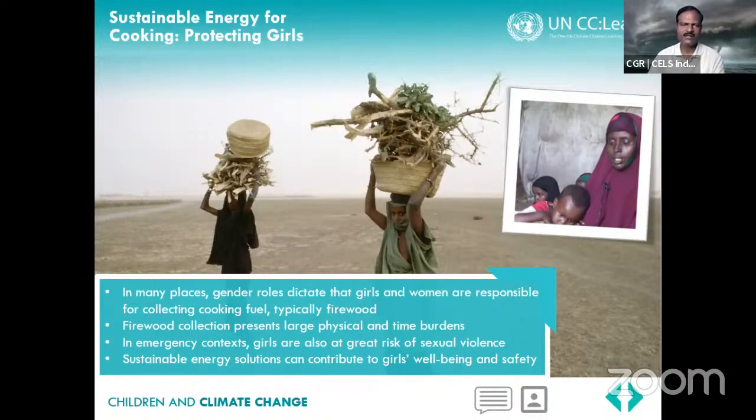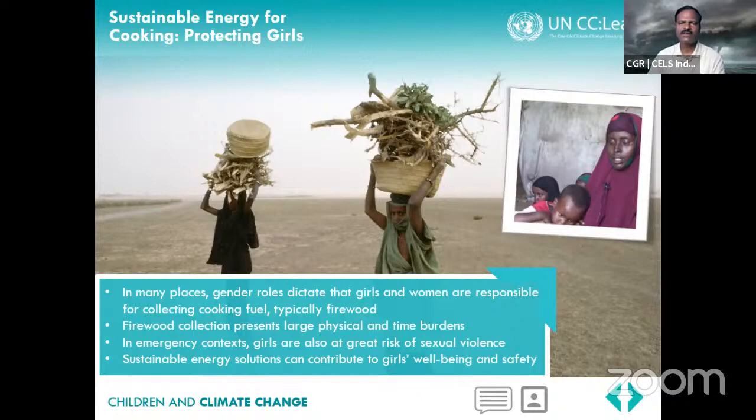Even collecting is very high. The cost we are not counting is the labor cost and the time spent in fetching the fuel wood, or the loss of local biomass and biodiversity, the drudgery of women, or the air pollution caused by the chullas, again global warming, and the health impacts when they inhale it.